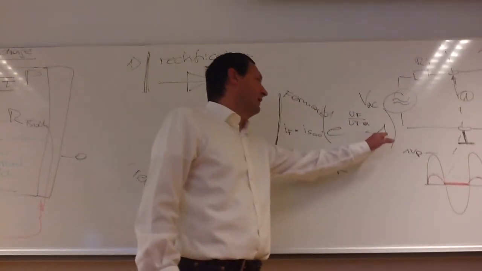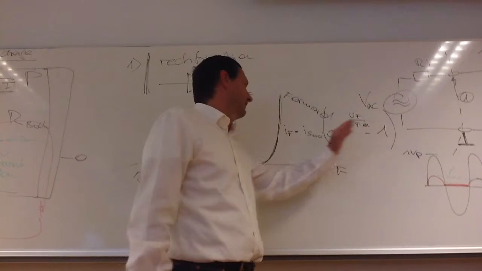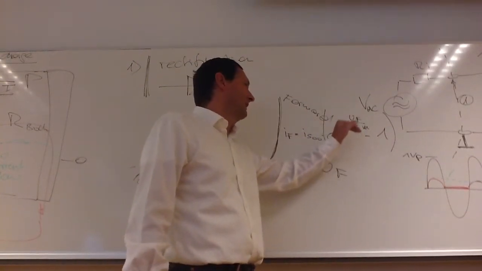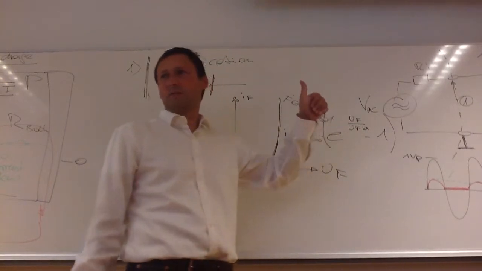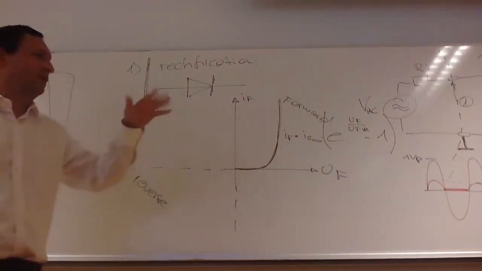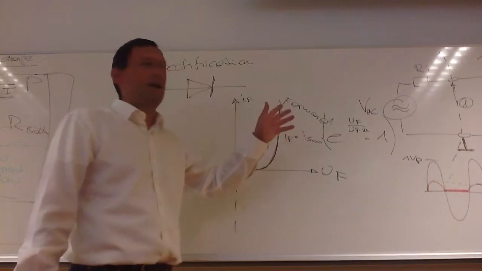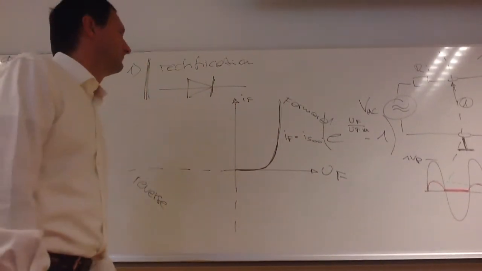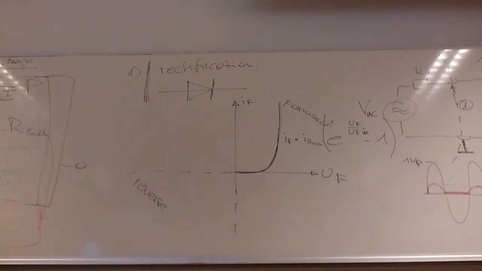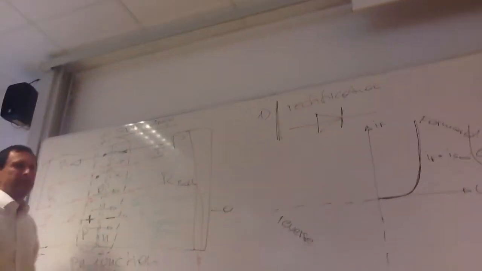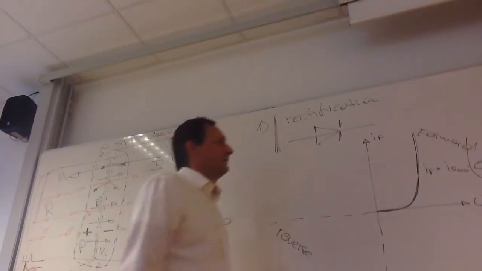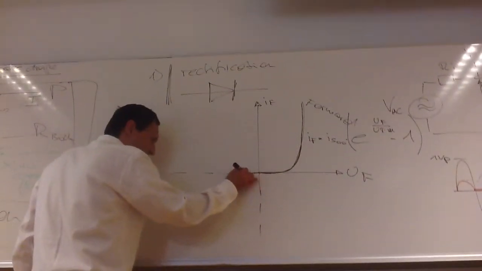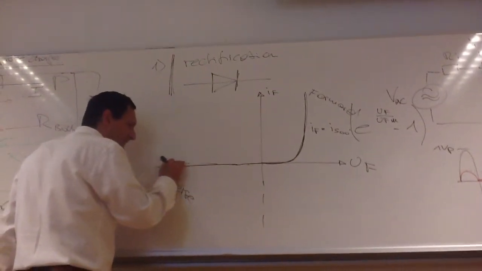This minus 1 gives you 0 current if you have 0 voltage, because if you have 0 voltage, e raised to the power of 0 is 1. And there is definitely no current flow if there is no voltage across the diode, because then you have stable conditions within the space charge area. And in the reverse direction, the current flow is nearly 0.